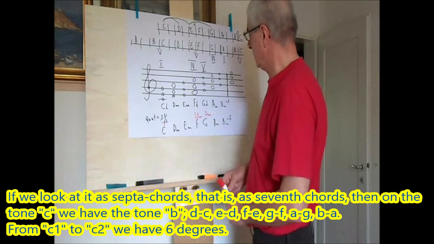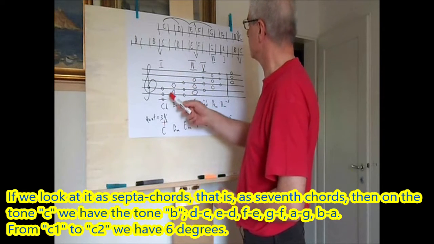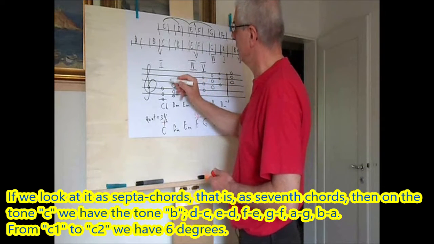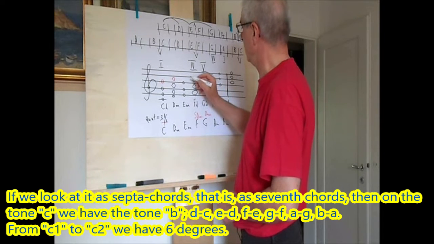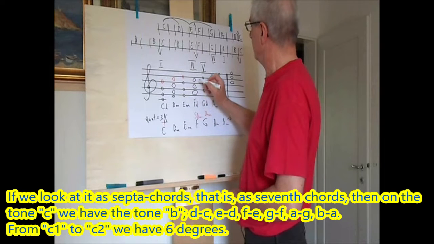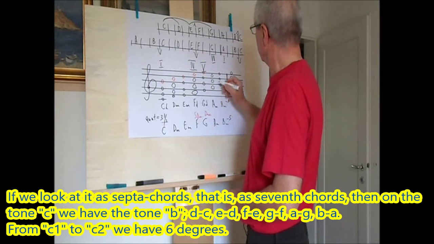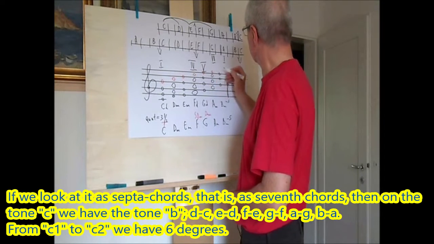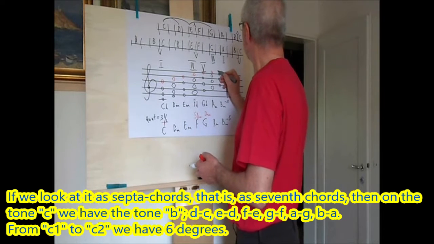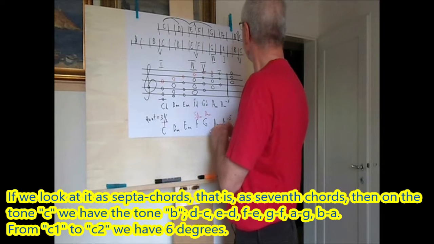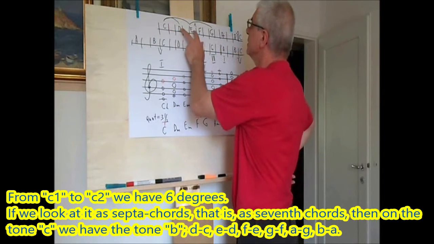If we look at it as septichords, that is, as seventh chords, then on the tone C we have the tone B. D to C, E to D, F to E, G to F, A to G, B to A. From C1 to C2, we have 6 degrees.